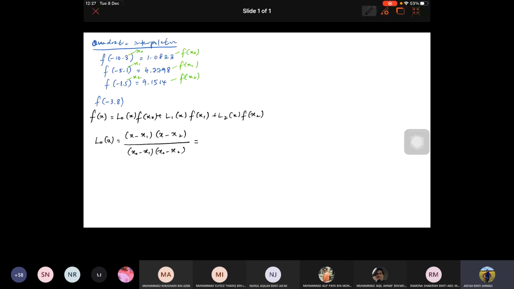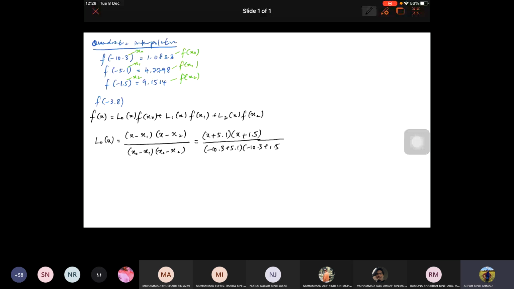So just substitute all the values that you get in the equation. X tolak x1 is negative 5.1, so it becomes x plus 5.1. And then x tolak x2 is negative 1.5, it becomes x plus 1.5. Bahagi dengan x0 awak is negative 10.3 tambah 5.1. And then negative 10.3 tambah 1.5.